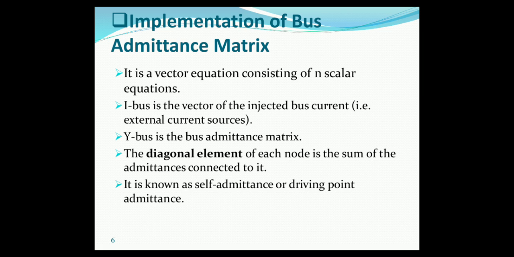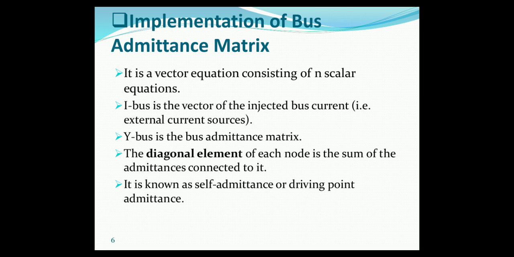The diagonal elements present in the bus admittance matrix are also called self admittances or driving point admittances, where the value of each diagonal element is taken as the sum of admittances connected to it. Suppose I want to calculate the value of Y11, which is with respect to the first bus: the admittances connected to that first bus can be summed to give Y11.